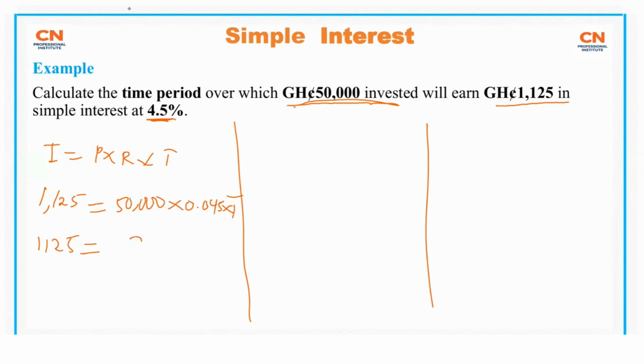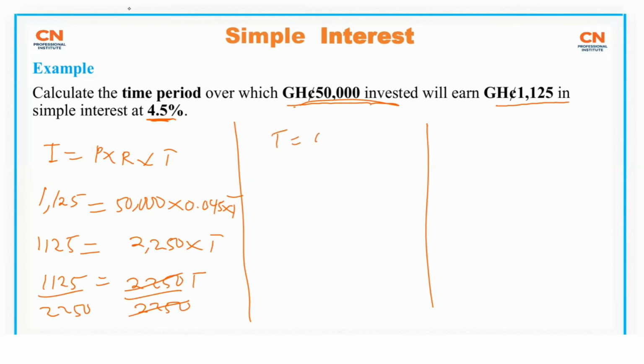And I'm getting 2,250 times my T. So 1125 is equal to 2250 T. So I divide by 2250. This will cancel this, right? If you divide 1125 by 2250, I'm getting 0.5. So you see my T is 0.5. And that's the time.